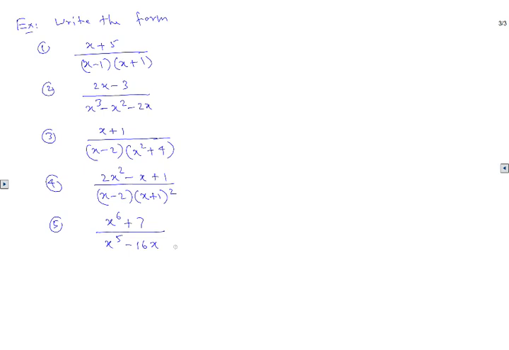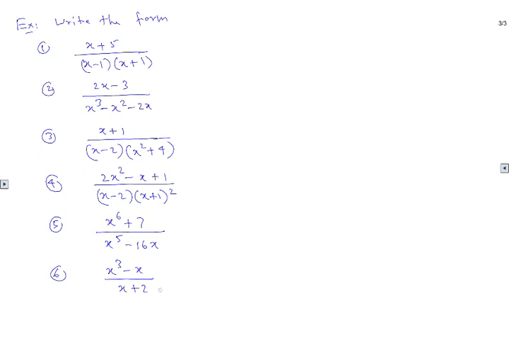Also number 6, let's do x cubed minus x over x plus 2. So you can try these problems as practice, and try to write the forms of these. Okay, now let's try to go to real problems.